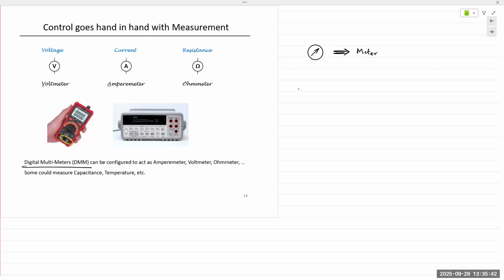Nowadays, digital multimeters, even the basic handheld ones, can take all of these measurements. And if you've already performed experiments in 145, you'll hopefully learn how to use these meters.